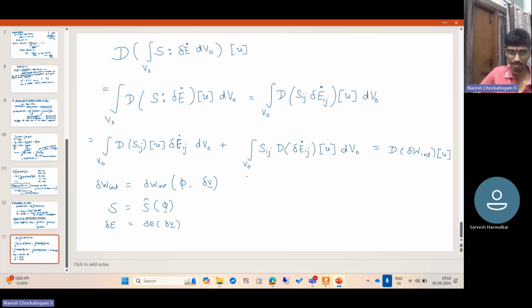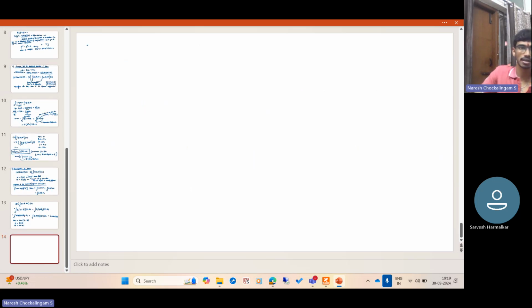These are the terms that mainly appear. So this is an expression for the directional derivative of the internal virtual work in the referential coordinates. It is always easier to represent these in the referential coordinates because the limits of integration do not depend on the deformation, which is the solution that we want to find out.